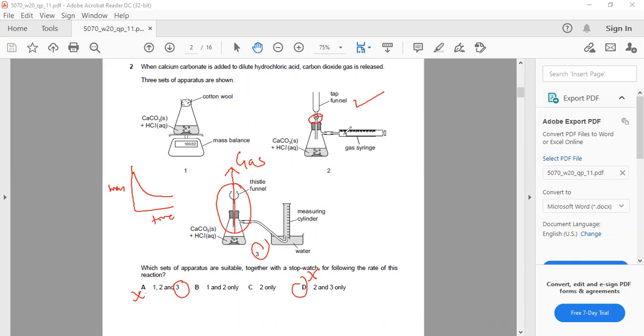You can collect the gas and measure it with respect to time, as the stopwatch is given. And when you plot the graph between volume of gas and time, it will be similar to this. So you can monitor the rate of reaction at every instant. Okay. So 1 and 2 means B is correct.